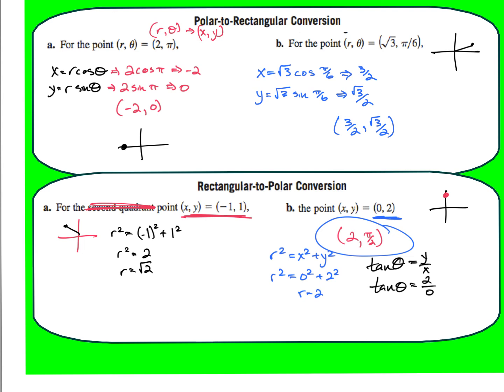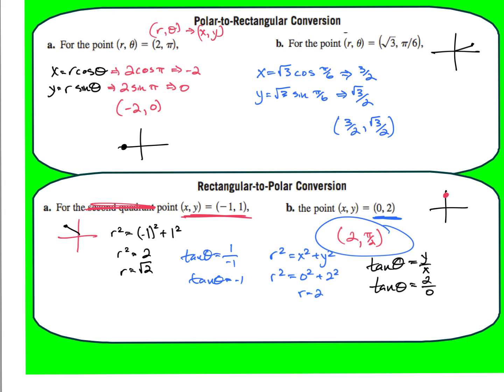So what formula do I use? Tangent theta is equal to my y over x. So now I have 1 over -1. Or tangent theta is equal to -1. Wow, that's really laggy. All right. So when is tangent -1?